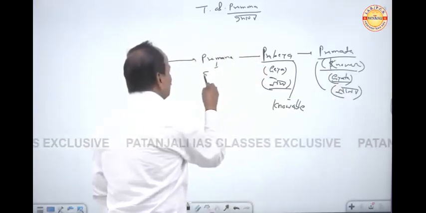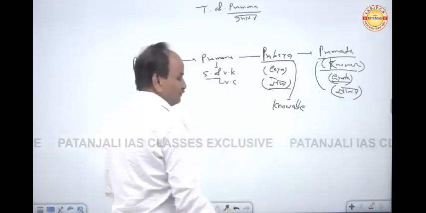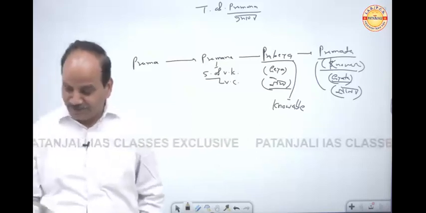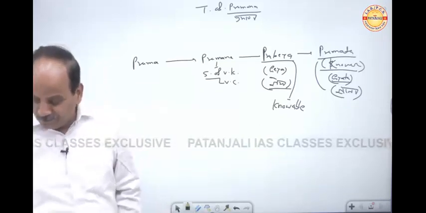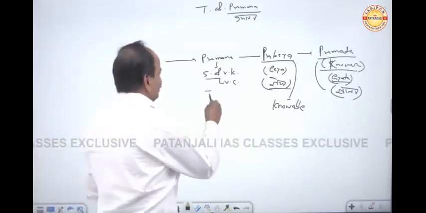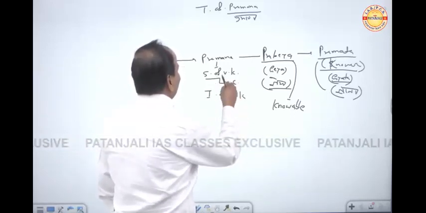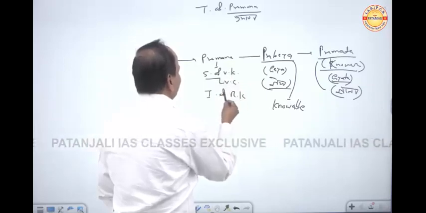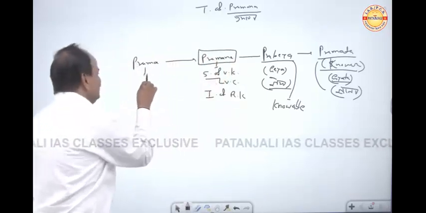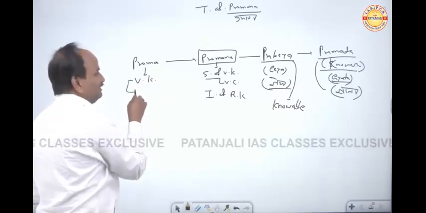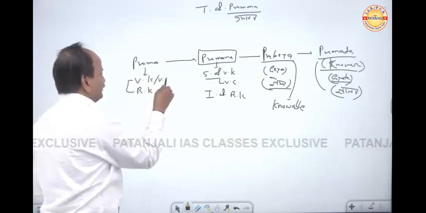Pramana means source of valid knowledge, source of valid cognition. Or you can say instrument of right knowledge. This one is called Pramana. And Prama means right knowledge, valid knowledge or valid cognition.